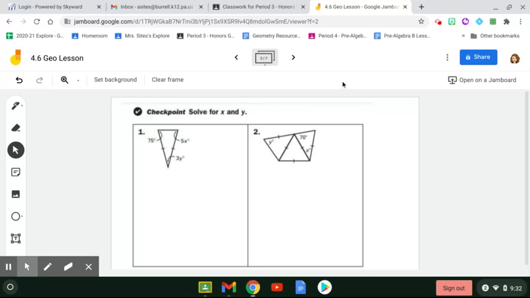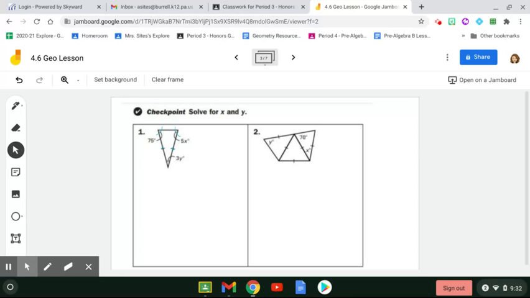All right, so when we take a look at the next one, for the next checkpoint, we want to work on that similar idea with the base angles. You know that base angles are going to be congruent with one another if we know that the side lengths in the isosceles triangle are congruent to one another as well. So to get you started with this one, if the side lengths are congruent, then the angles opposite them also have to be congruent.